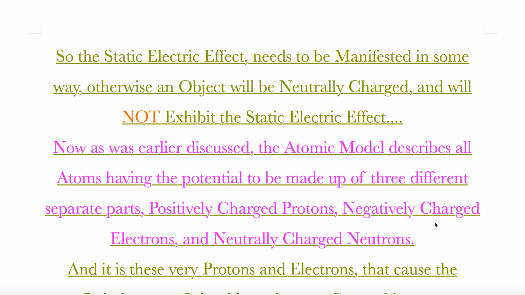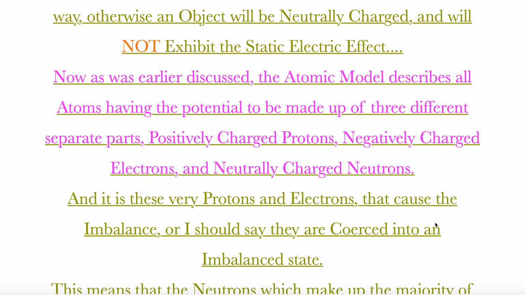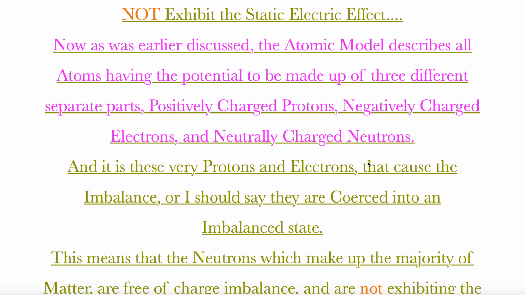Now, as was earlier discussed, the atomic model describes all atoms having the potential to be made up of 3 separate parts: positively charged protons, negatively charged electrons, and neutrally charged neutrons. And it is these very protons and electrons that cause the imbalance, or I should say, they are coerced into an imbalanced state.